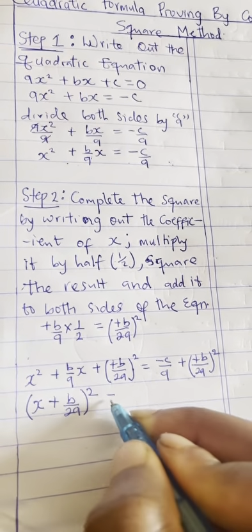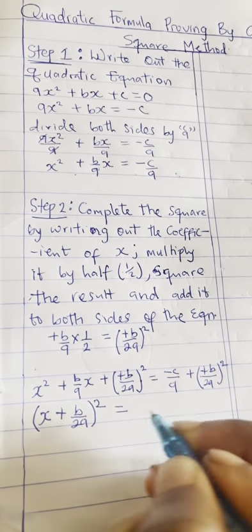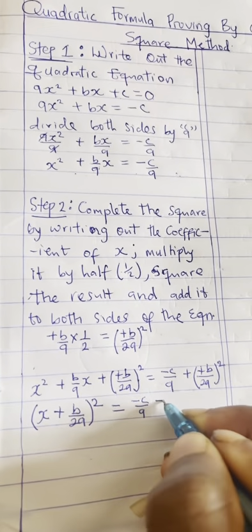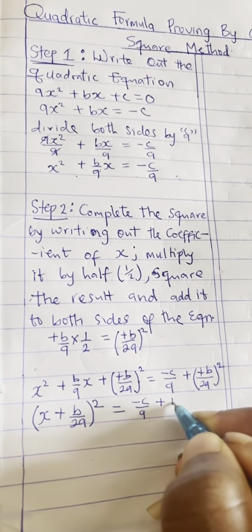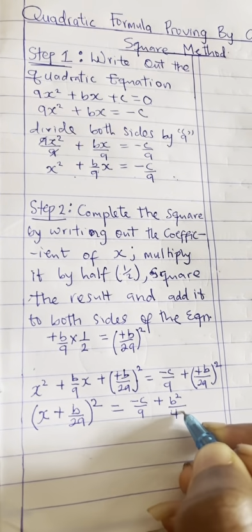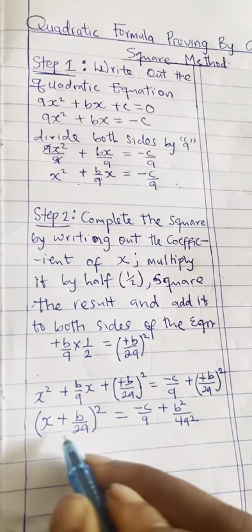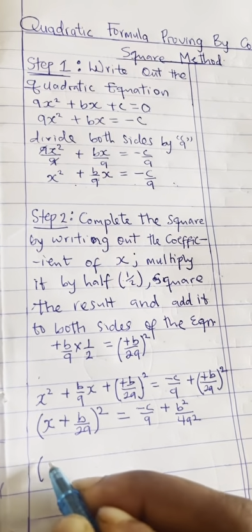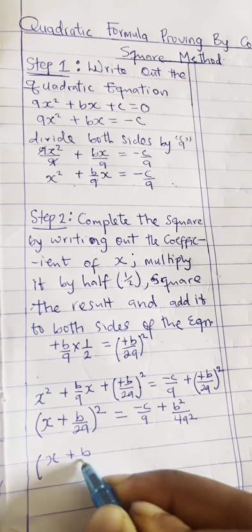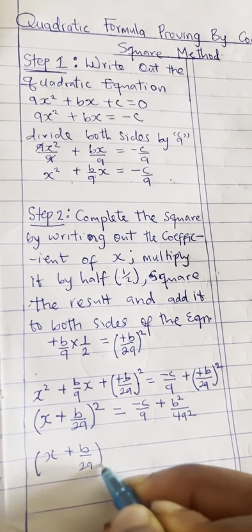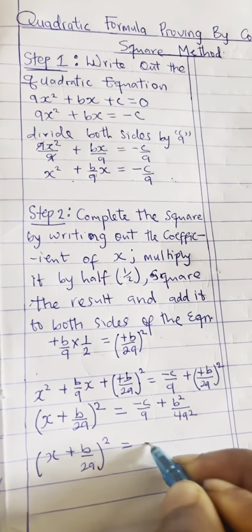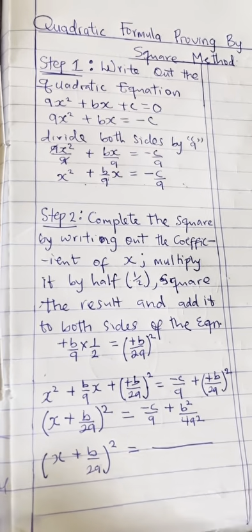And this will then equal, I will open the bracket on the right and be left with minus c over a plus b squared over 4a squared. So x plus b over 2a all squared will equal, I will look for the LCM, which will be 4a squared.